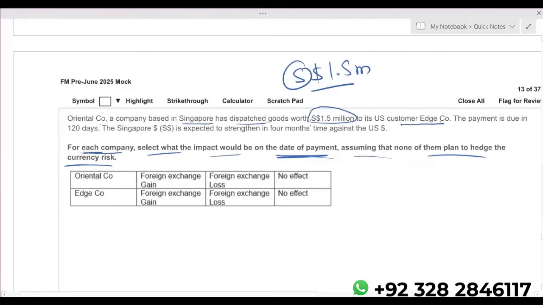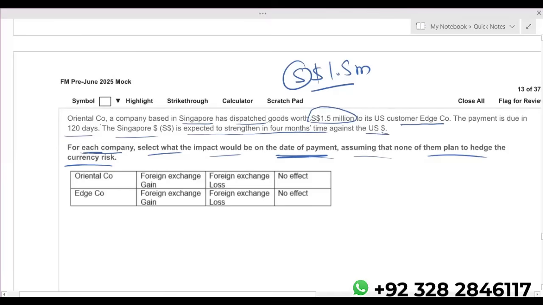Read the question properly. Oriental company, a company based in Singapore, has dispatched goods in Singaporean dollar 1.5 million to its US customer, H company. The payment is due in 120 days. The Singaporean dollar is expected to strengthen in 4 months' time against the US dollar.